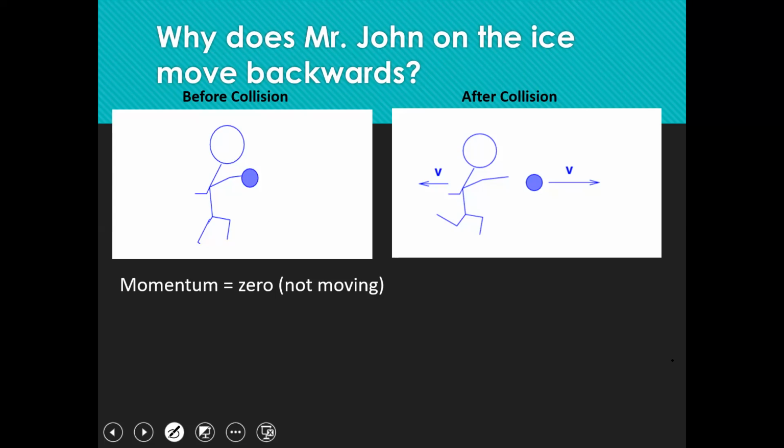And he's not moving, so the velocity is 0. It is mv. And since he's not moving, the momentum here is 0. Is it clear here? Yes, teacher. Okay. So the total momentum P is 0.